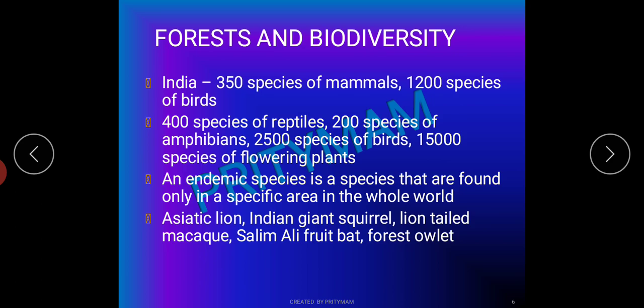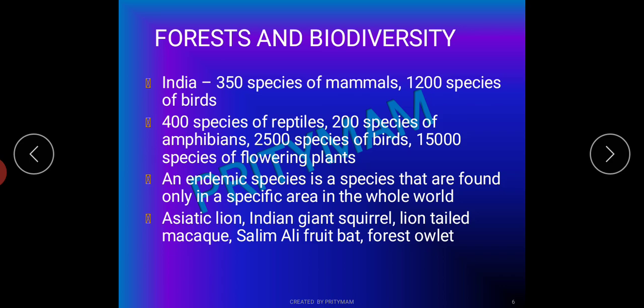Not only this much, we can also find more than 15,000 species of flowering plants. Have you imagined this? India is one of the most diverse countries in the world.